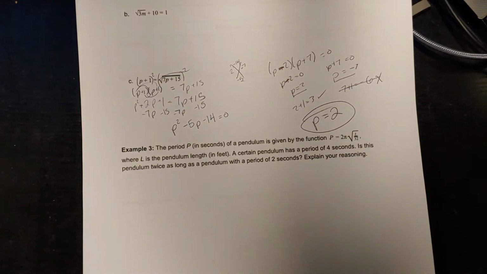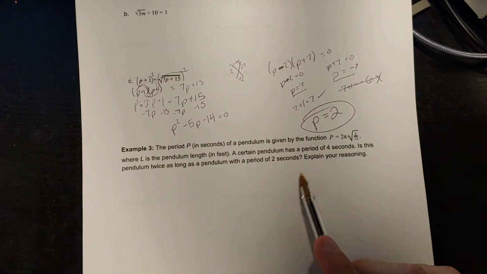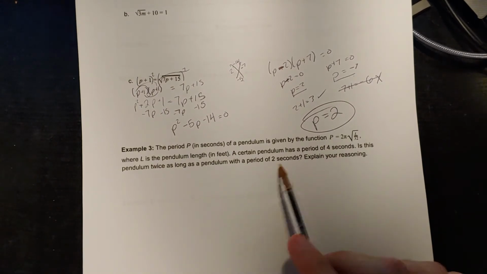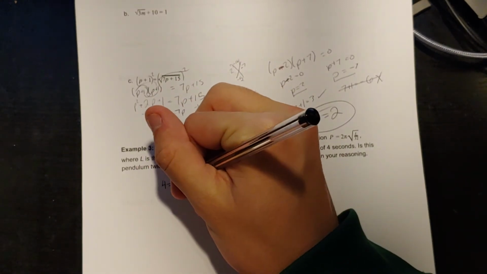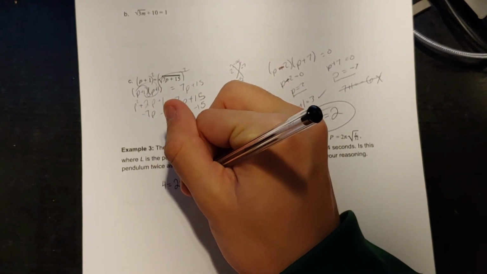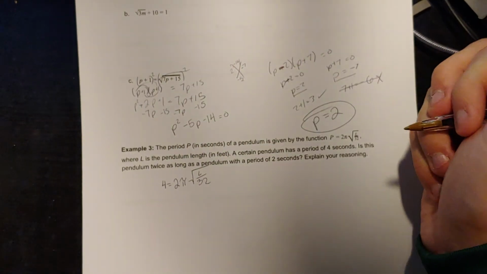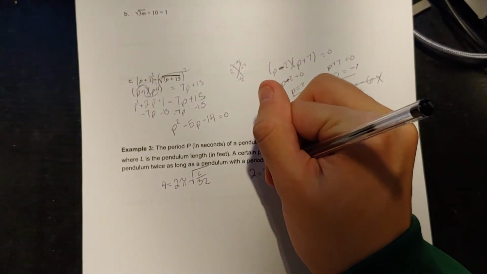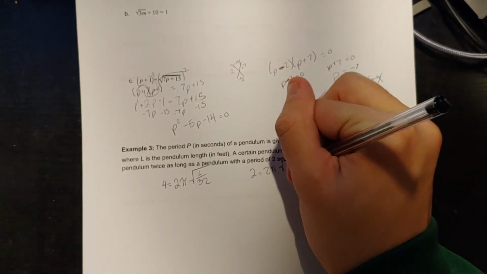We're going to make an equation for each of these pendulums. We're given a period of 4 and a period of 2. So 4 equals 2 pi times the square root of L over 32, and 2 equals 2 pi times the square root of L over 32.